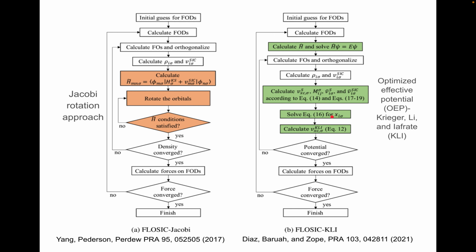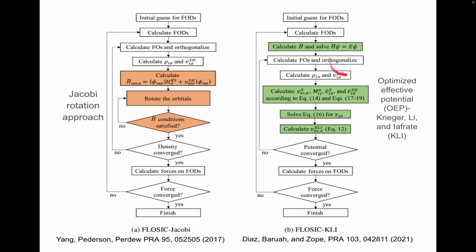So to your right is the optimized effective potential (OEP) approach of Krieger, Li, and Iafrate, the KLI method. The difference between the KLI and the Jacobi rotation approach is the following.